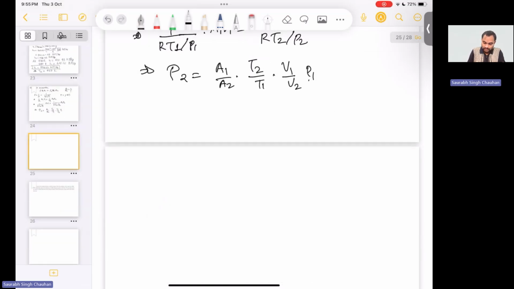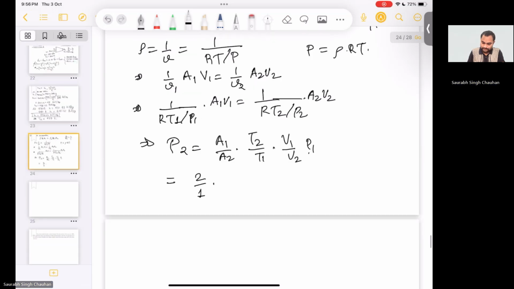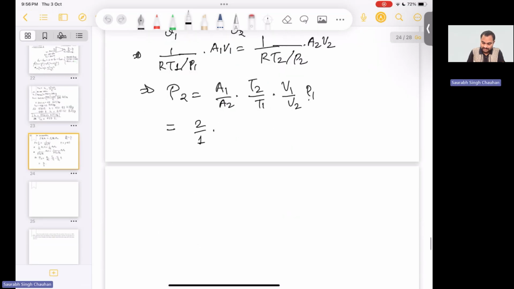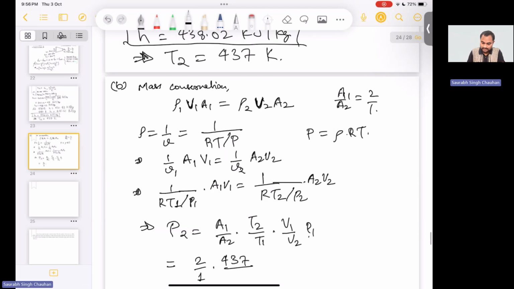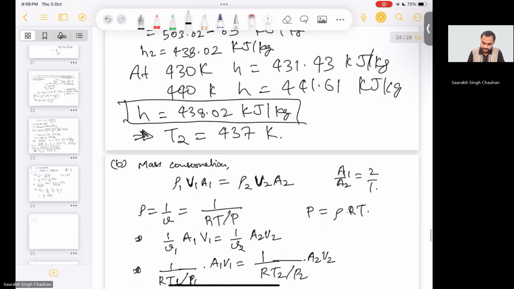A2 by A1 we have, this is 2 by 1. T2 we have calculated and it is coming out to be 437, and T1 we had 500 Kelvin, right?